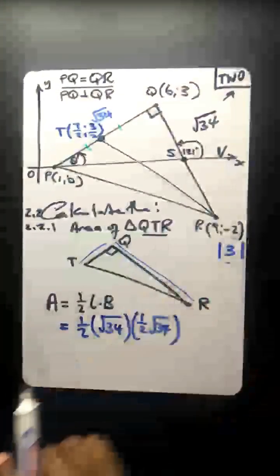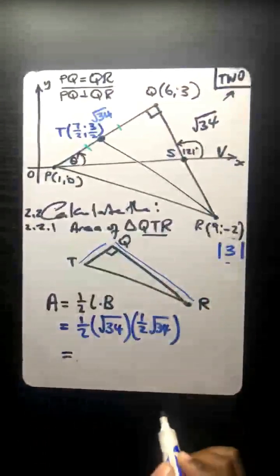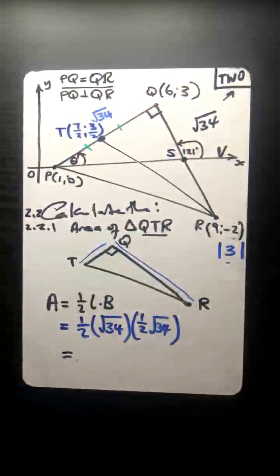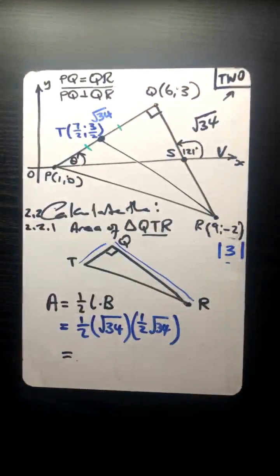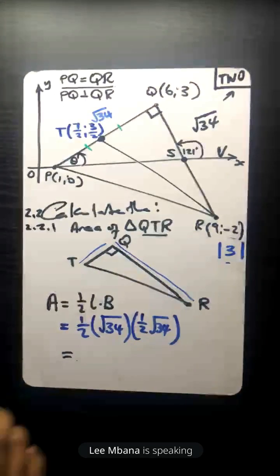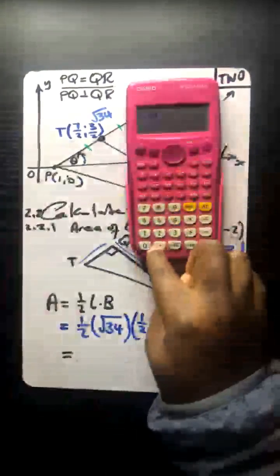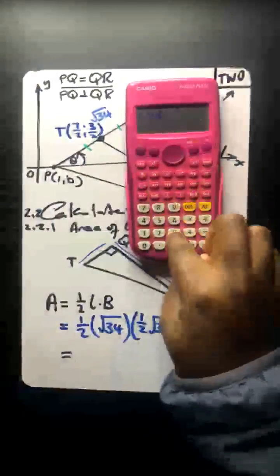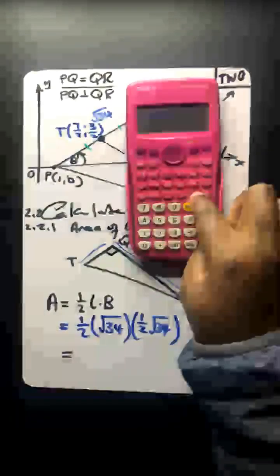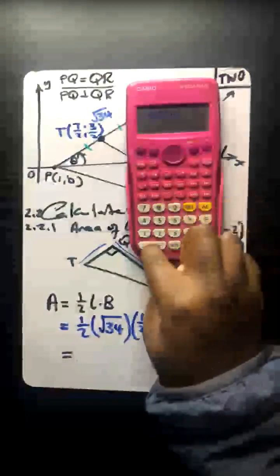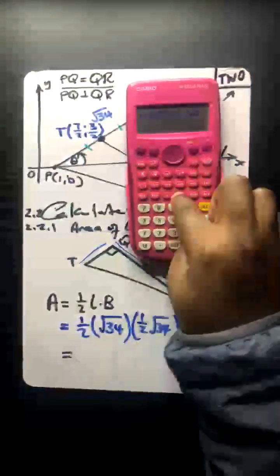I'm not sure if it makes sense to everyone, honorable members, because what we now do is just punch all of that in and then we get our answer. Any question? Does it make sense? 100%. It makes sense. So let's see. You're having 0.5 of square root of 34, you close. Open another 0.5 of square root of 34.